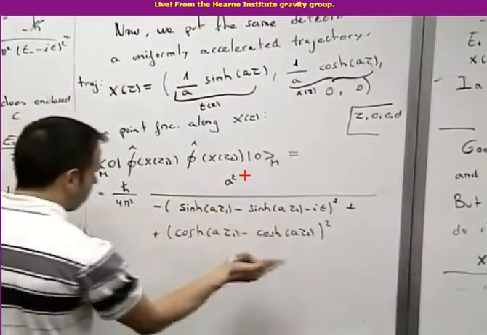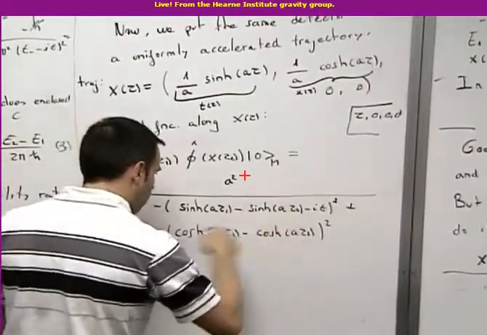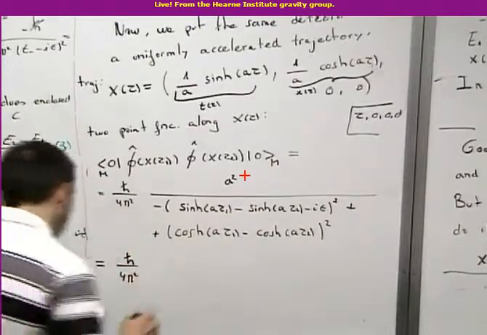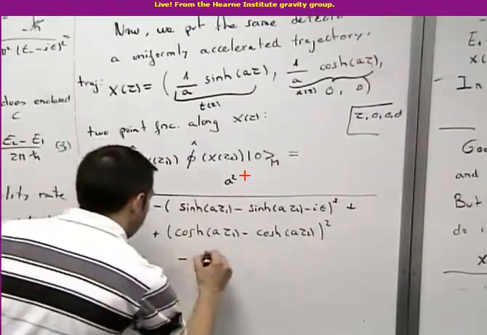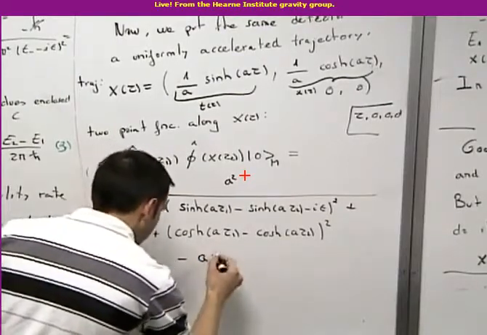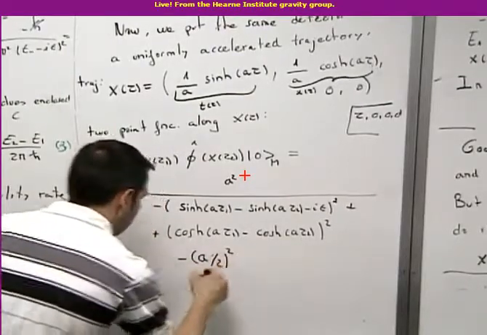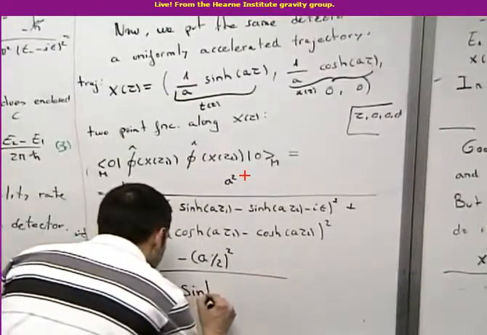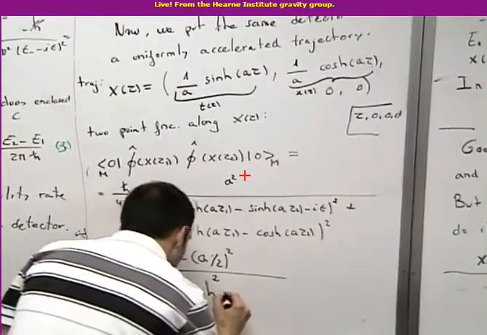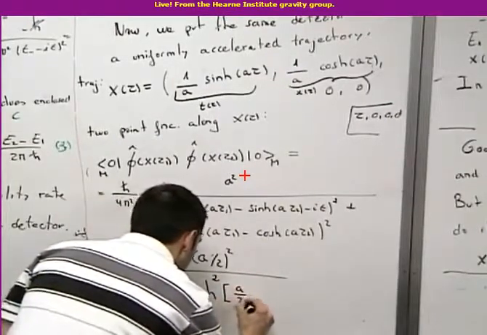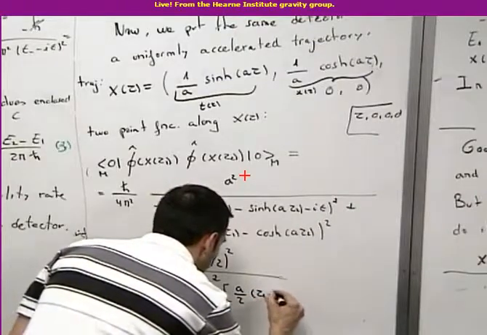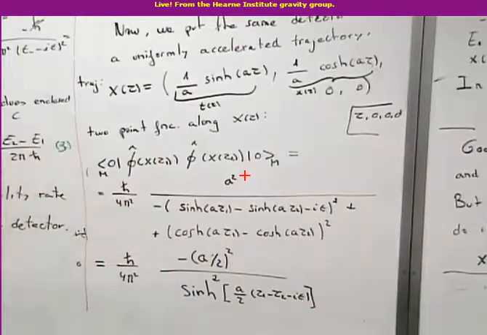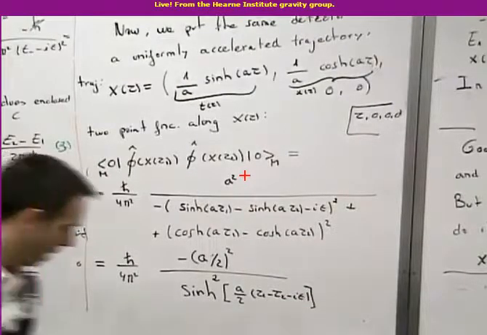If you manipulate this, you can take the squares and the cos squares, and it is quite trivial to show that this goes to, in the numerator 2 appears, and in the denominator we have just hyperbolic sine squared of a over 2 times tau 1 minus tau 2 minus i epsilon. So it simplifies a lot.